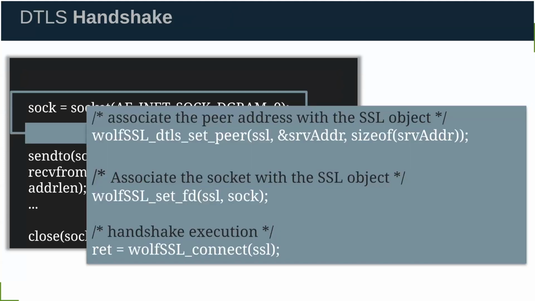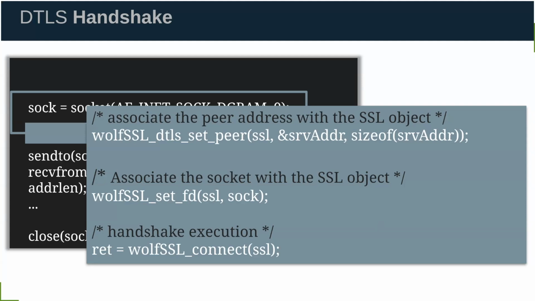But after opening the socket, you have to set up some parameters of the DTLS in the SSL object so that we know, first of all, the server address, where to send a message to.